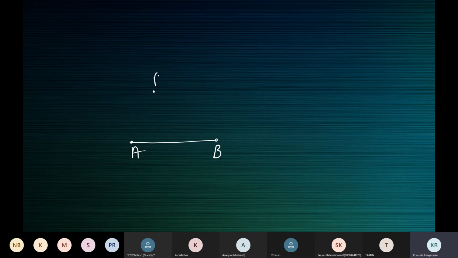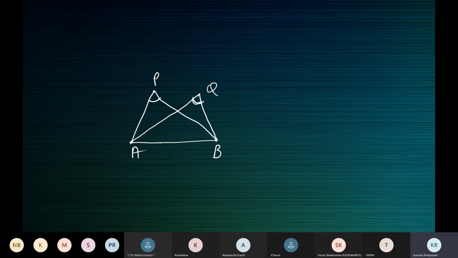We'll take 2 points P and Q. Now the line segment AB subtends angle APB at P. The same line segment subtends angle AQB at Q. And if these two angles are equal, if the line segment subtends equal angles at 2 other points on the same side of it, then so now what is it we have?